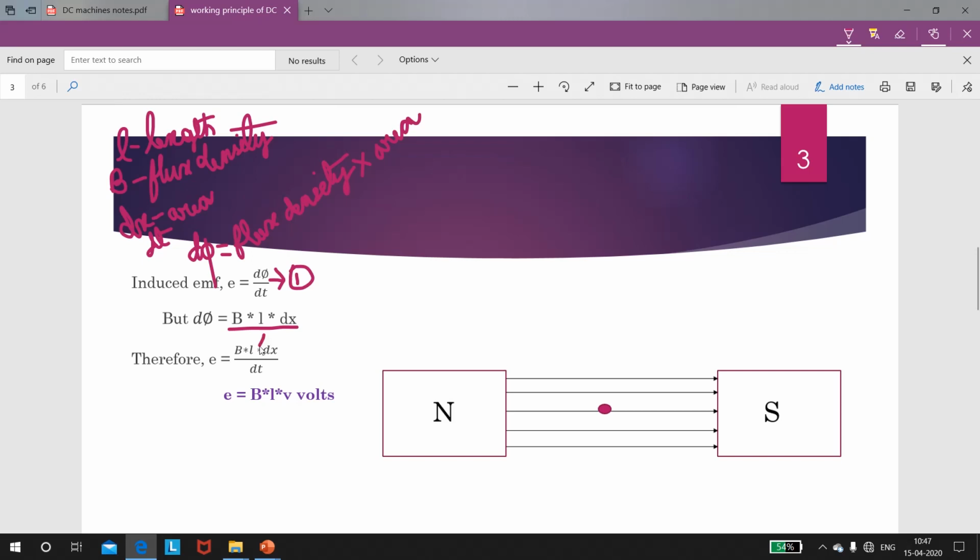Now what is this dx by dt? Now clearly you know that dx by dt is nothing but v, that is the velocity. Therefore I will get the final equation as E is equal to B into L into V volts. Now let me consider three different cases. I will consider the first case where conductor is moving at an angle theta.